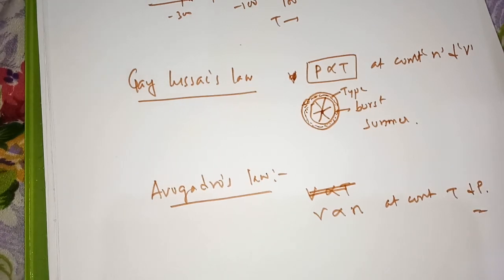Means if your number of particles is more, volume is more. If the number of particles is less, volume is less. If the number of particles is 6.022 into 10 to the power 23, then volume is 22.4 liter. If it is 12.044 into 10 to the power 23, then volume is 22.4 into 2, which is 44.8 liter.